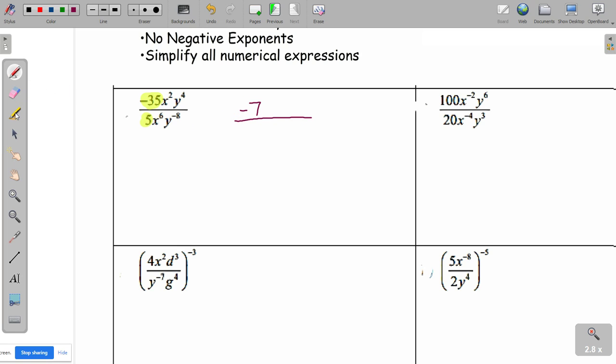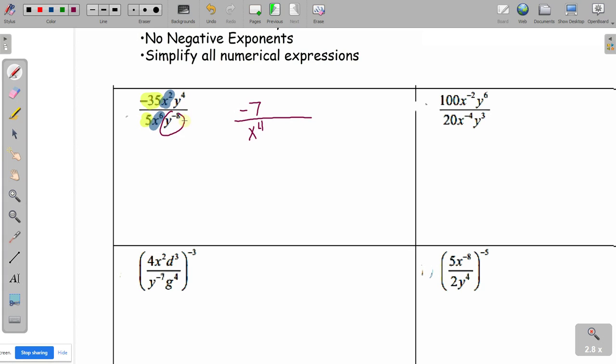Now let's take care of our x's. We have x squared and x to the 6th. When you divide, you subtract. 6 minus 2 is 4. Put it where the larger exponent is, x to the 4th. We have y to the 4th and y to the negative 8.